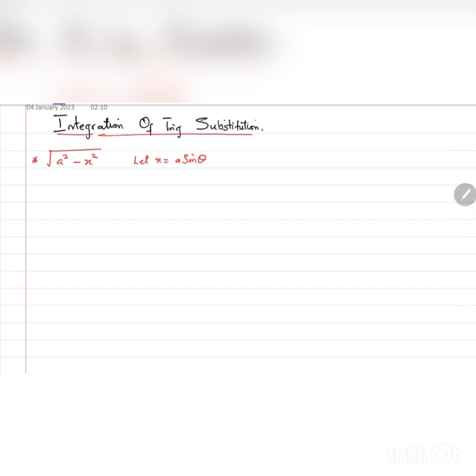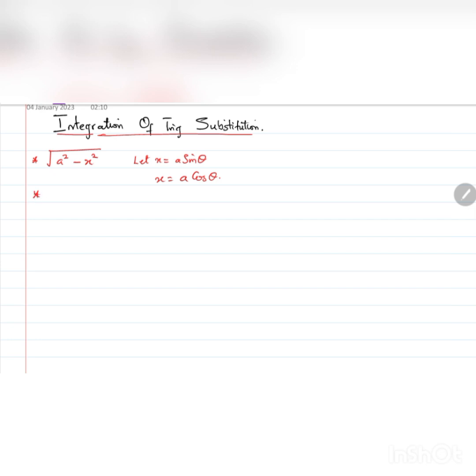And if there is a negative sign attached to the question, maybe in front of the integral sign or in the form of a fraction, then since there's a negative sign attached to it, you let x equal a cos theta.